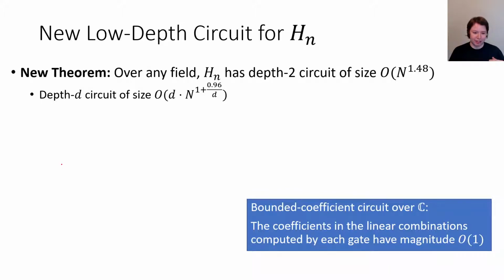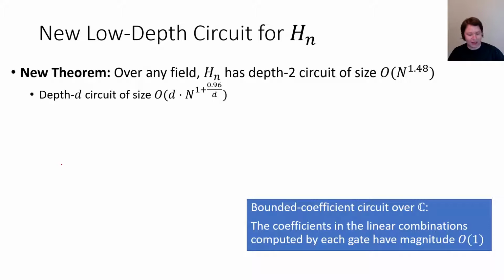And if we restrict the numbers on the wires to be complex numbers of constant magnitude, then we get a bounded coefficient circuit. So for example, if you've seen the fast Fourier transform algorithm before, you know it involves multiplying by a lot of particular roots of unity throughout.